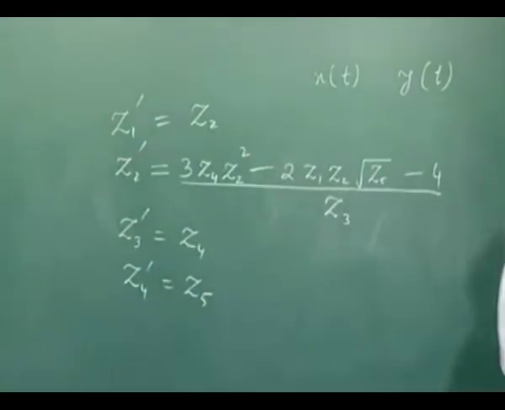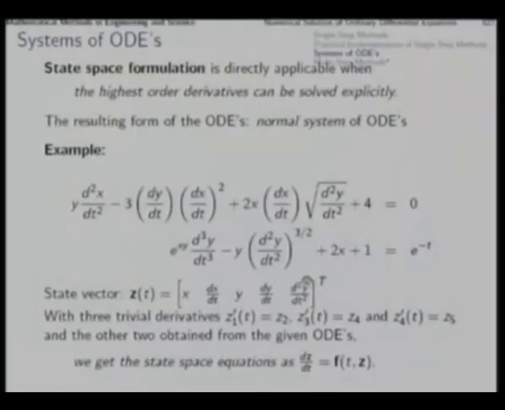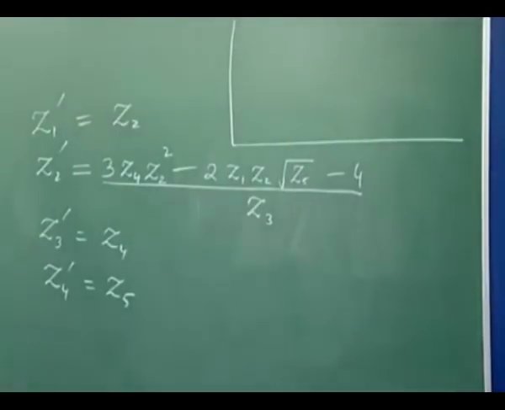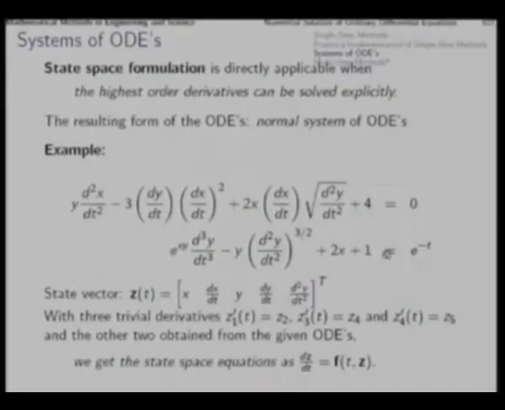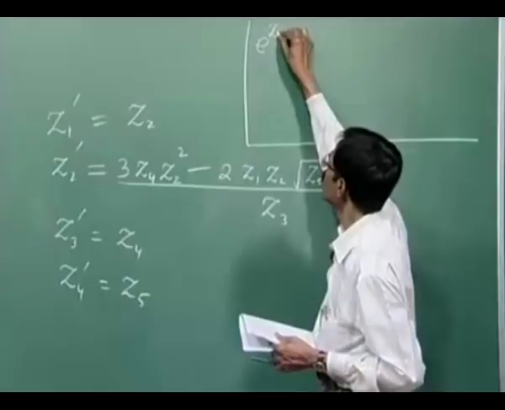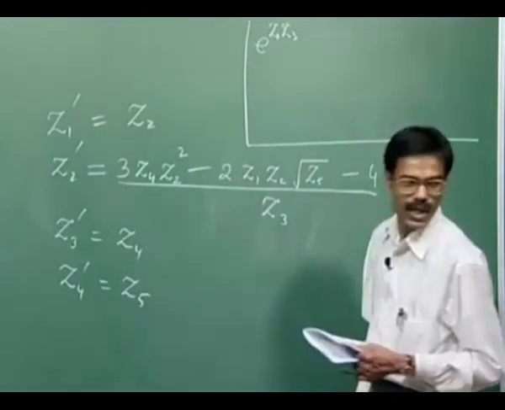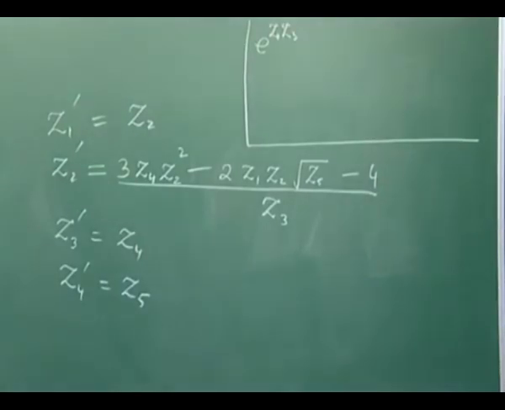So, for finding z5 prime, that is the derivative of this, which is here actually, we do a little further work in this box here. The second differential equation we write in the language of z's. So, e to the power xy, where x is z1 and y is z3, into d3y by dt cube.